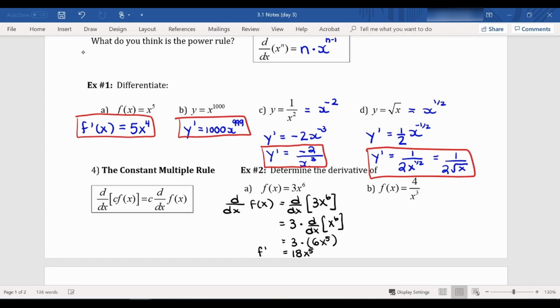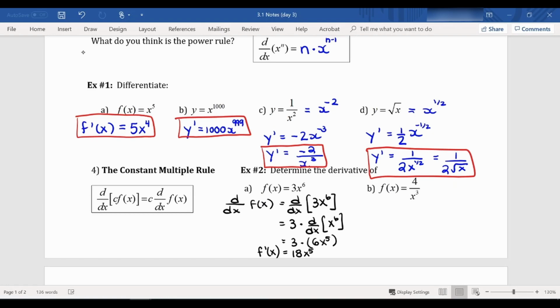Now, this is f prime on the left. The derivative of f is f prime, which in this case is 18x to the 5. Now, if you look back at the question, you'll notice if I just simply dropped the x down at the very beginning, 3 times 6 is 18, and then my x was reduced by 1.